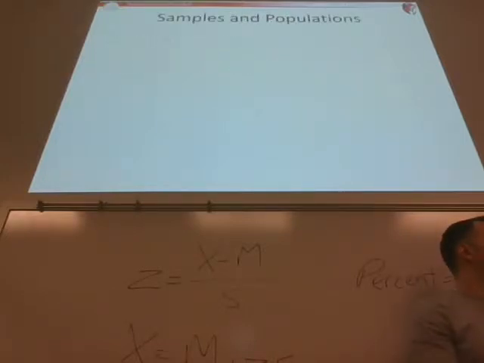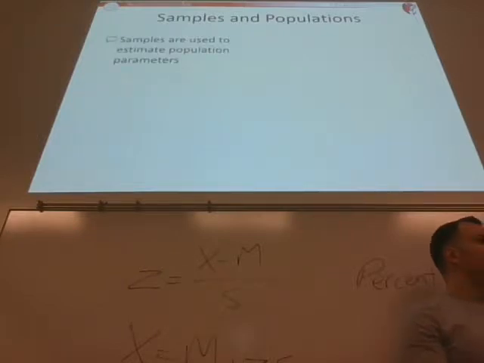All right, samples and populations. Samples is the data that we have access to. We only ever really have access to a sample of data. We only really ever have access to a sample of individuals, and yet we want to know something about the entire population, right? So in that educational example, we have 14 autistic children in our classroom.